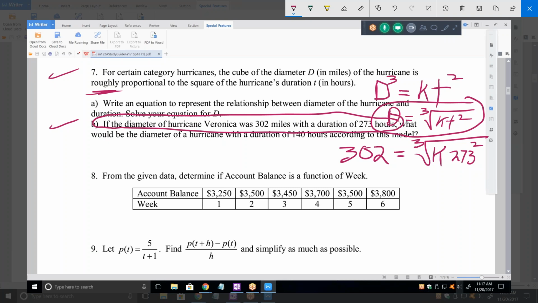Okay? That means this equation probably does work for almost every hurricane, no matter where it's at on the Earth. The cube of the diameter is proportional to the square of the duration of the hurricane. So you could figure out how long a hurricane is going to last if you knew its diameter.